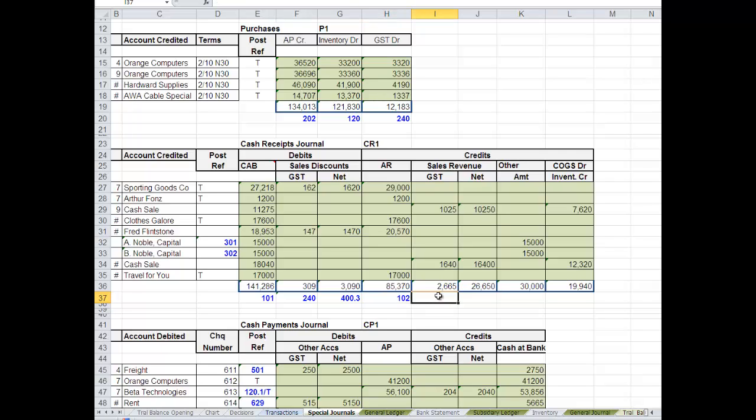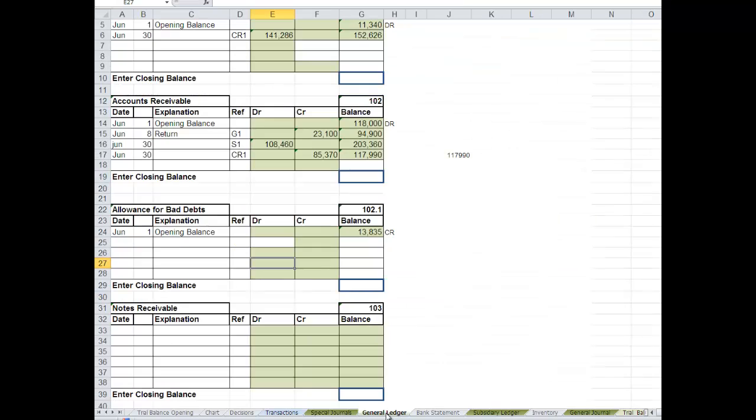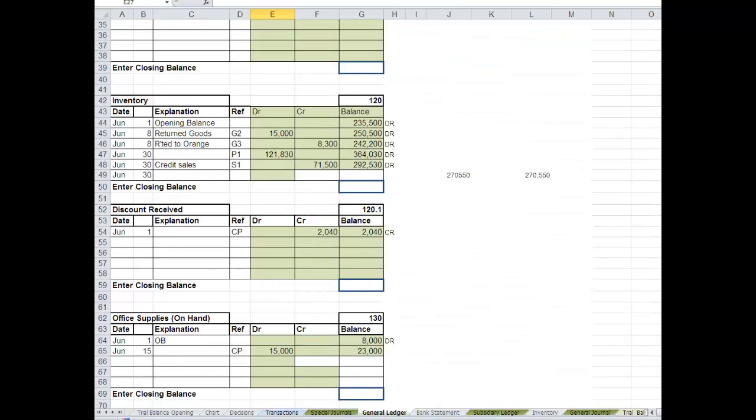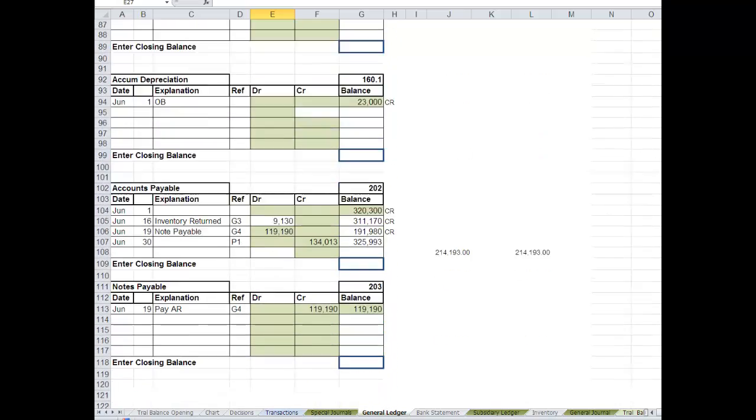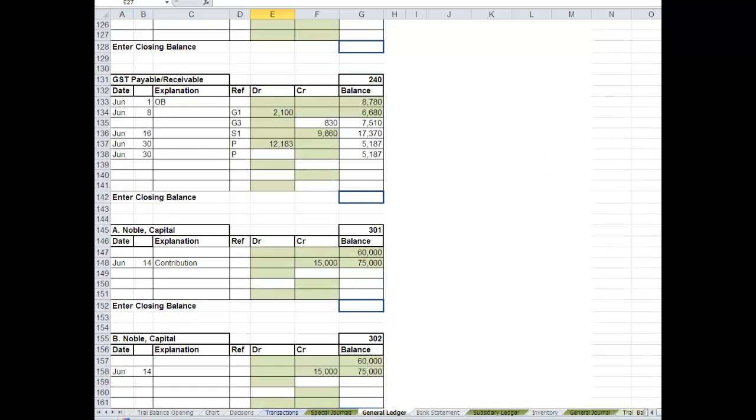GST again. Now this time GST is a credit. So general ledger. June 30 CR1.